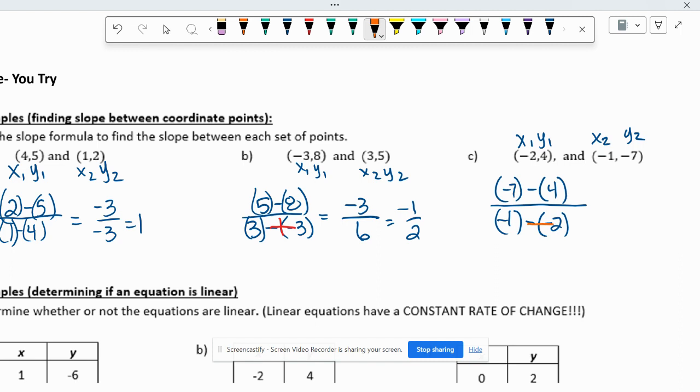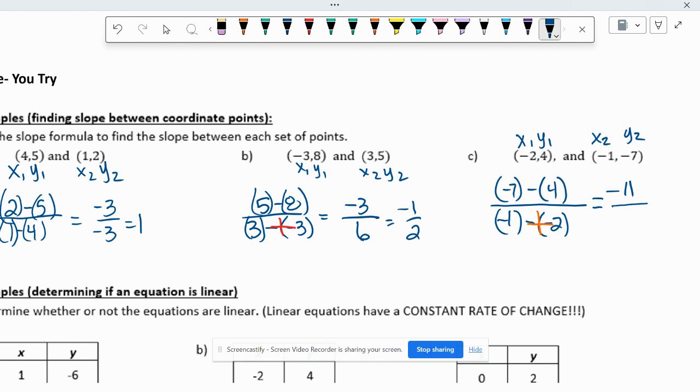Perfect. Thank you, sir. So are the signs the same or are they different? What's the formula? Isn't it y2 minus y1 over x2 minus x1? Yeah, you got them backwards.